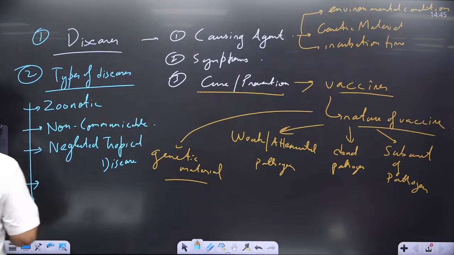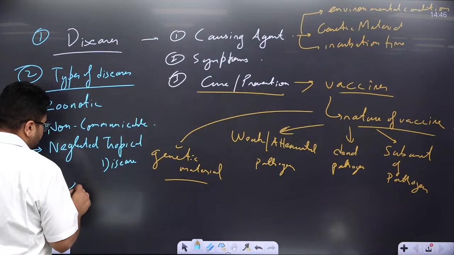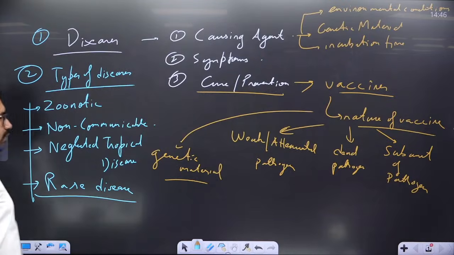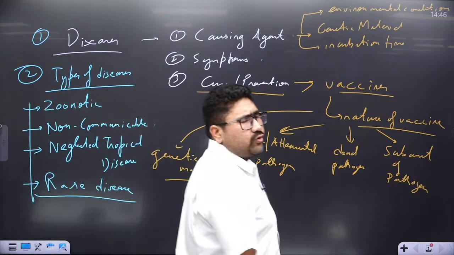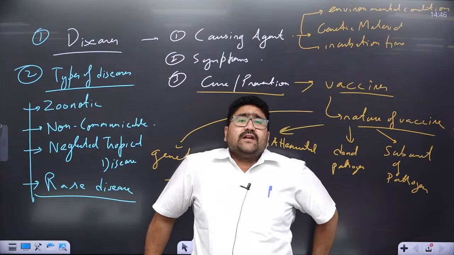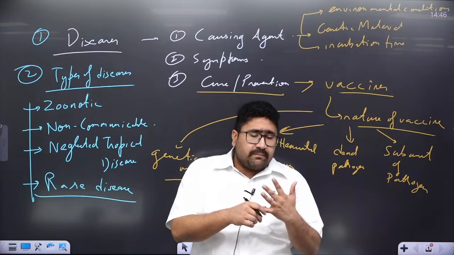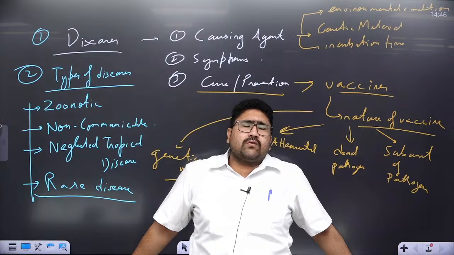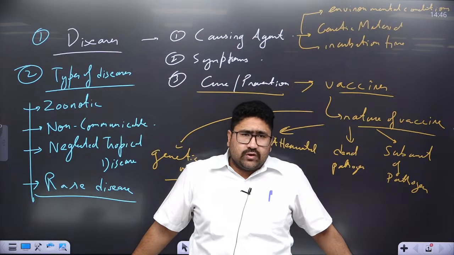And finally, whether the disease is considered to be a rare disease or not. That means, is the disease being curable? Can the disease be curable in about 1 of 1,000 patients?